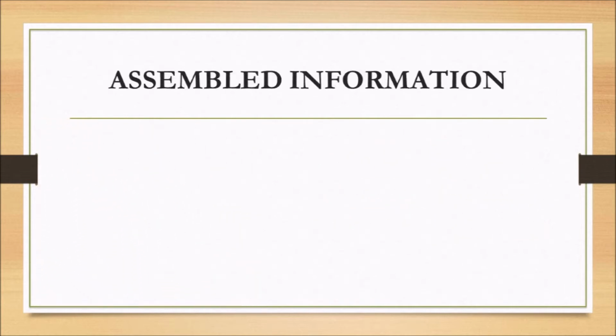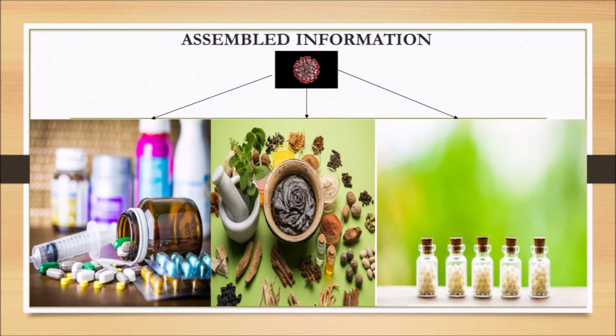The next structured method of acquiring knowledge is assembled information. Sometimes we assemble information for the treatment of a disease. For example, here we can take COVID-19. To treat the patient, we start assembling information from various disciplines of medicine because it does not have a specific treatment in any one discipline.